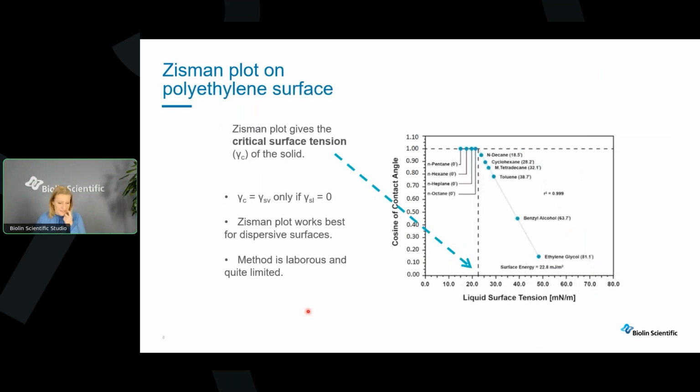And this is basically what has been said, that the Zisman plot works best for different types of dispersive surfaces, meaning polymer surfaces and things like that.